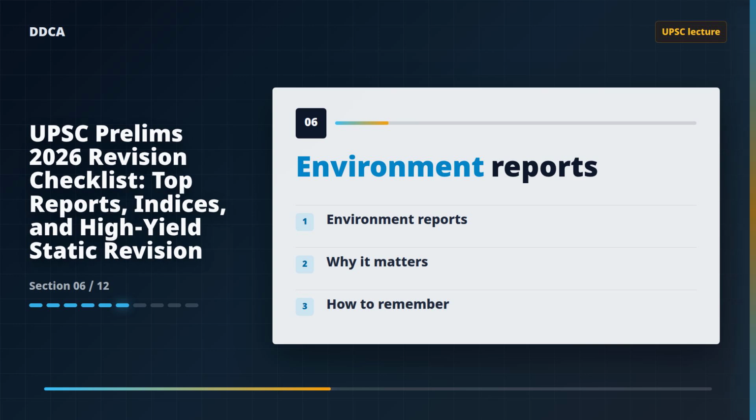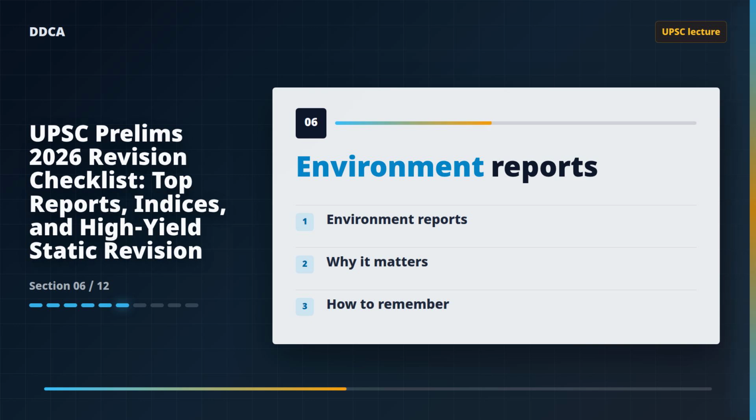For example, climate-related reports may assess emissions trends, adaptation readiness, or climate policy performance. Biodiversity-related reports may focus on species, ecosystems, and conservation pressure. Pollution reports may measure air quality or environmental health indicators. Disaster-related reports may assess exposure and vulnerability.